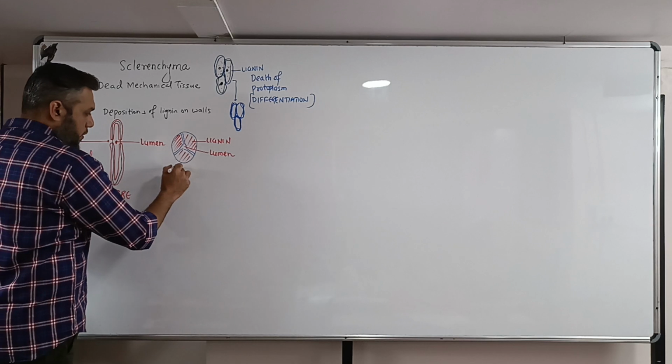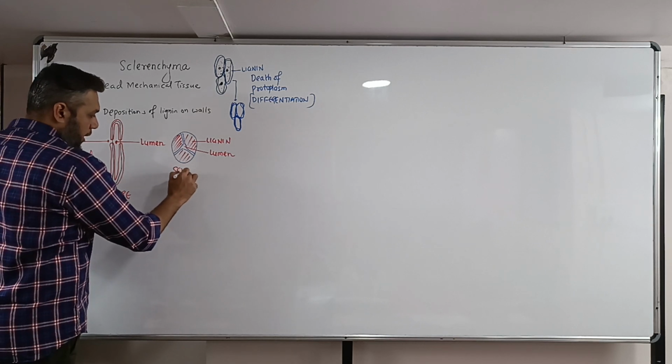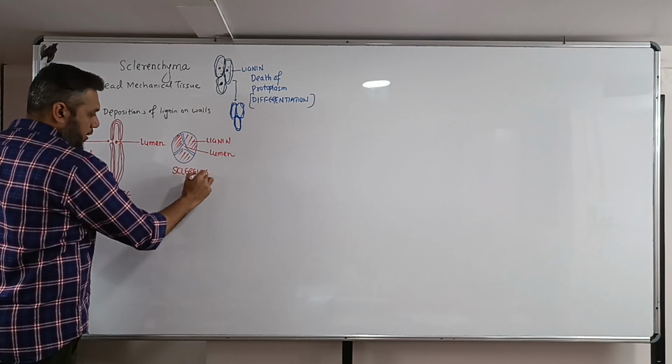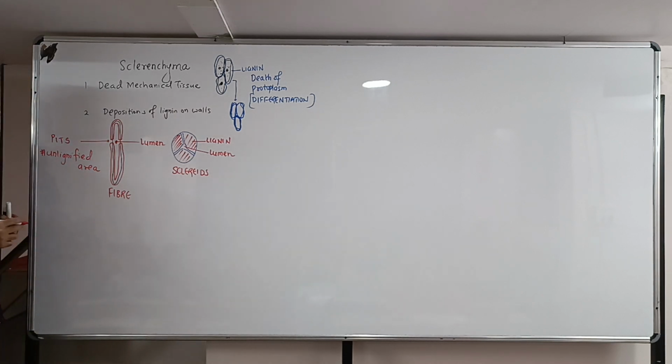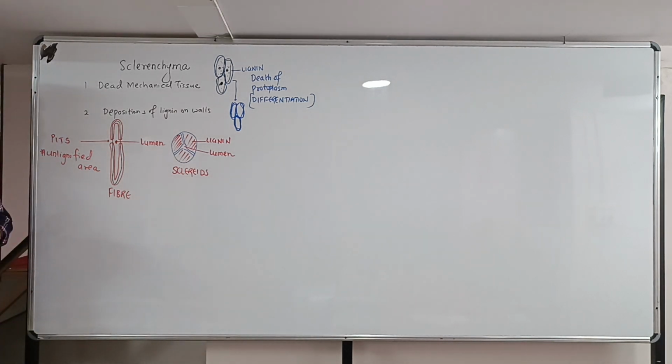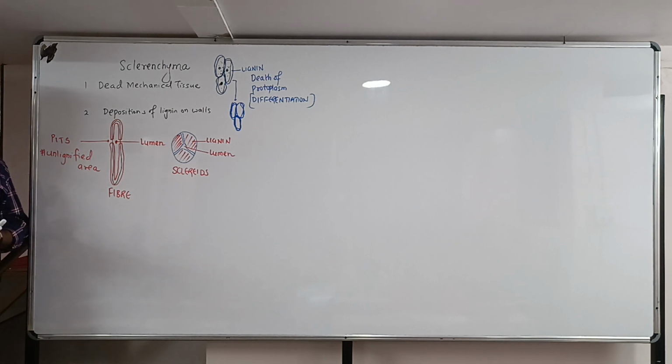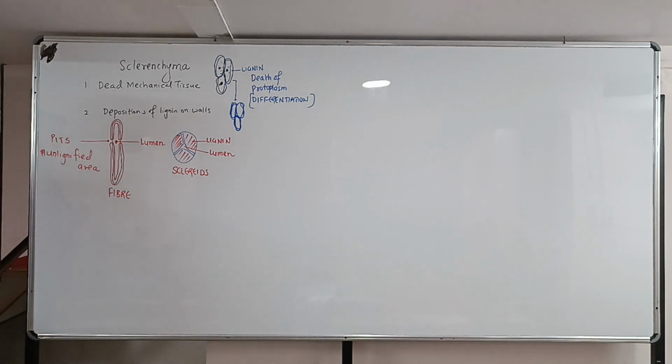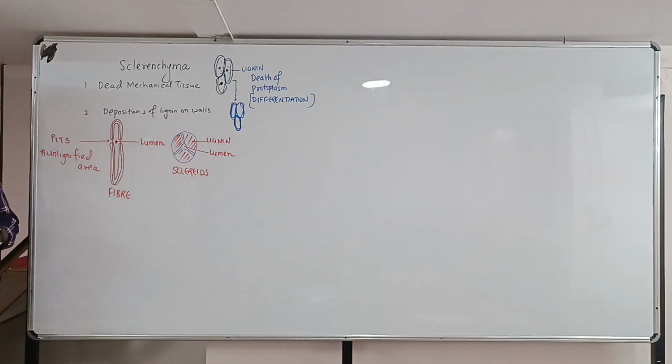And if these walls are highly lignified with a very narrow lumen, it is called a sclerenchyma sclereid cell. So the difference is in their shapes and the amount of lignification, resulting in the formation of sclerenchyma fibers and sclerenchyma sclereids.